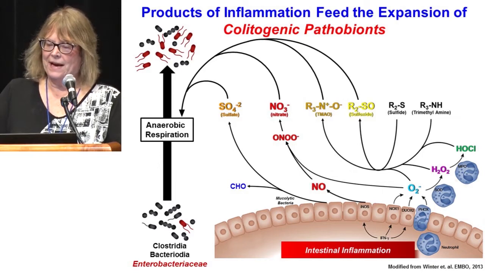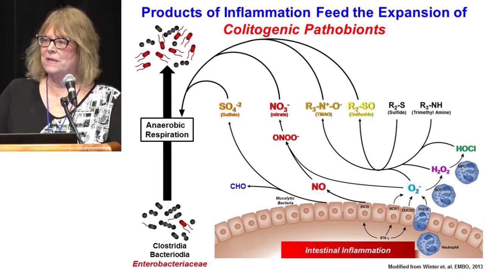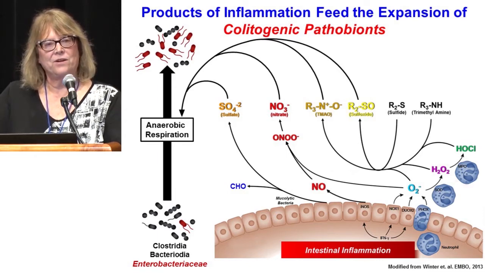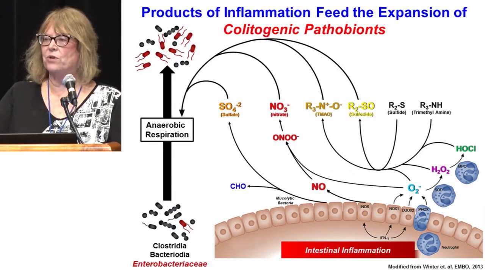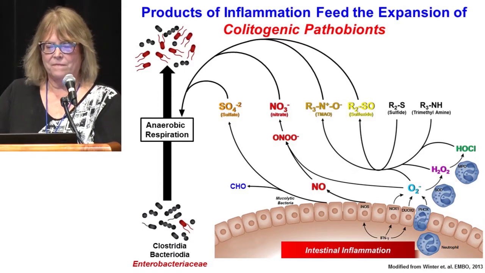So as soon as you have inflammation in the gut, increased permeability, and oxygen metabolites, you will get an outgrowth of pathobionts, Enterobacteriaceae in the proteobacteria, and you will lose your anaerobes.